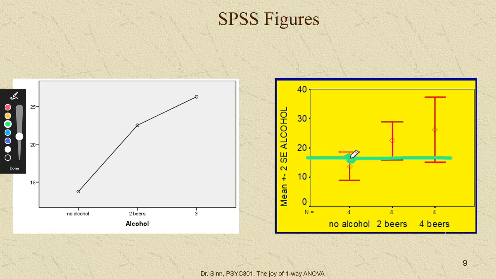In other words, could it be possible that the mean of this group is here, the mean of this group is here, and the mean of this group is here? Yes. And if the answer is yes, if error around the means could explain the differences we're observing between the means, then we're going to say no dice. We're going to retain the null and not claim a treatment effect.